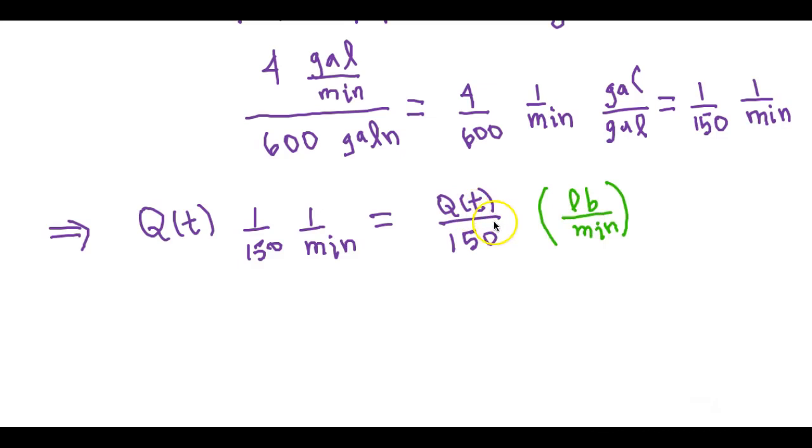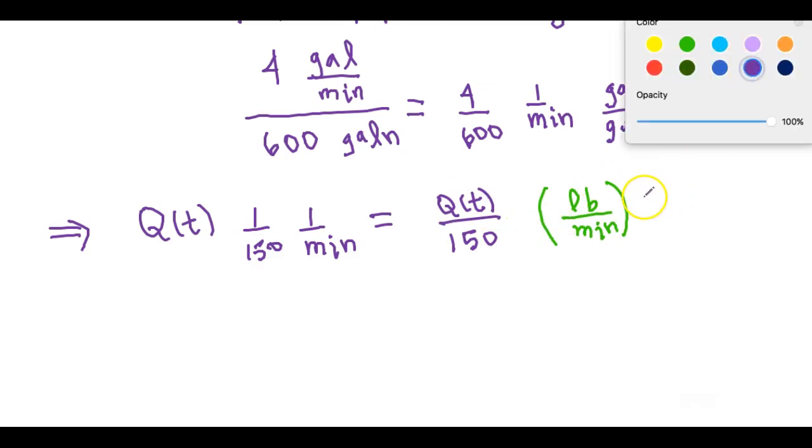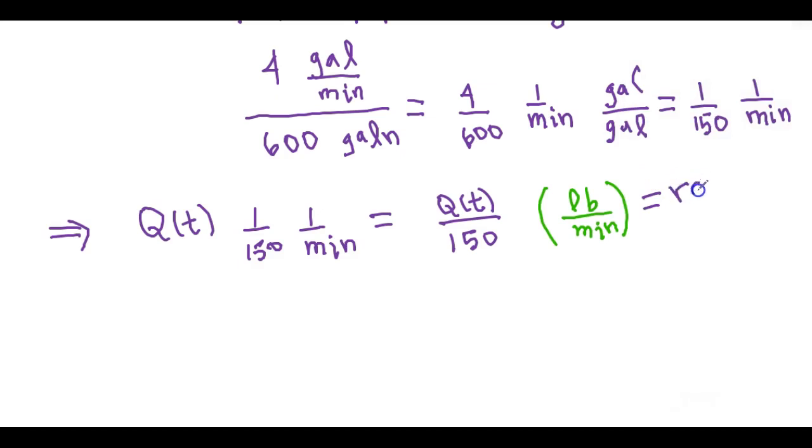So Q of t is measured in pounds of salt, and this would be a way of expressing the rate out.